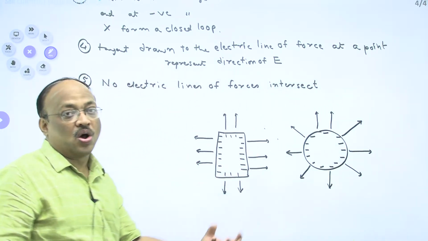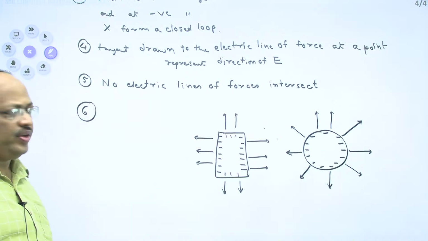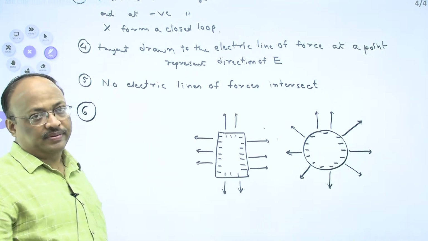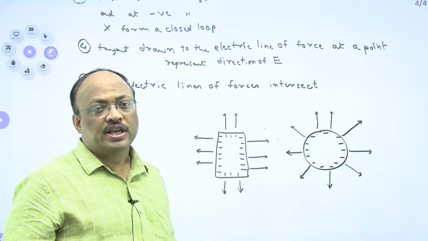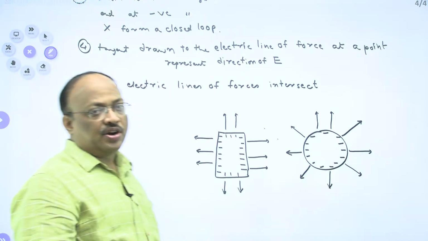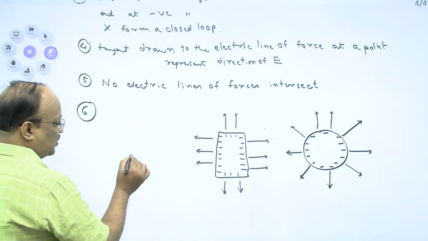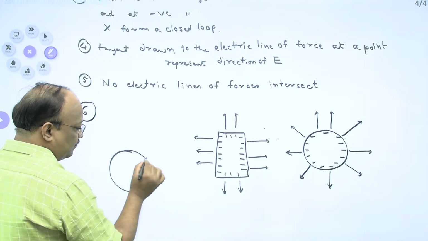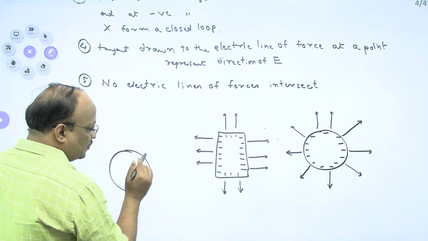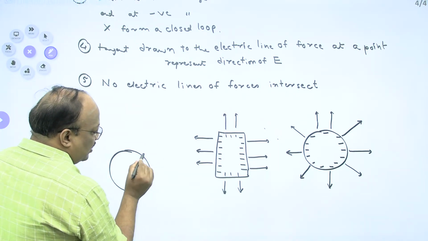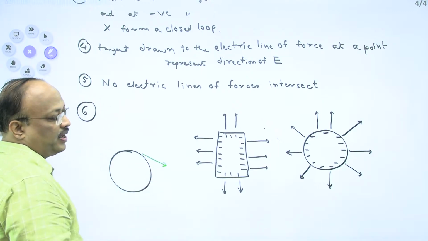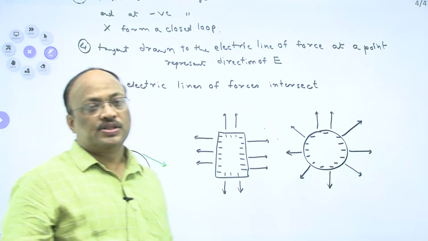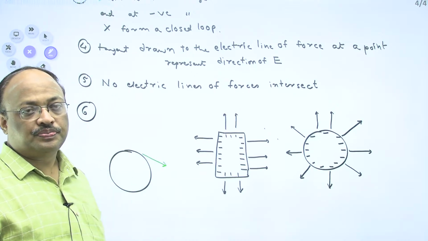If they are not normal, what may happen? We'll think in that way. In fact, they will be normal to the surface; if they were not normal to the surface, let us consider the electric line of force is somewhat like this.